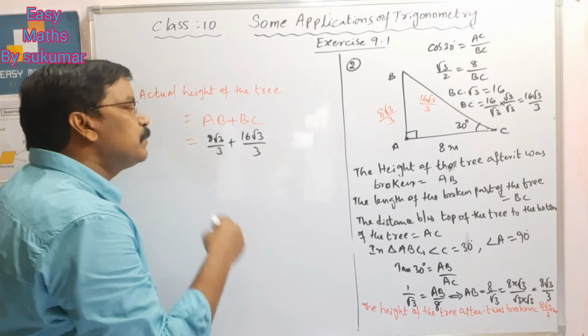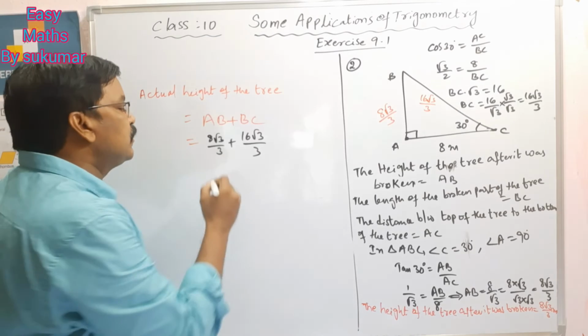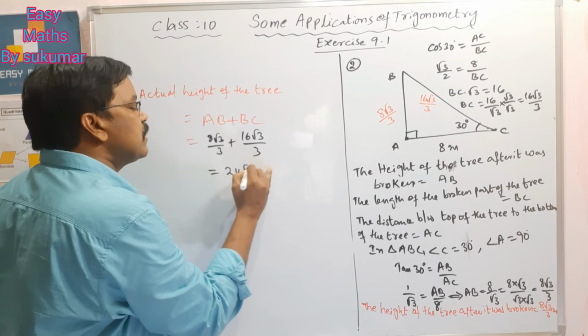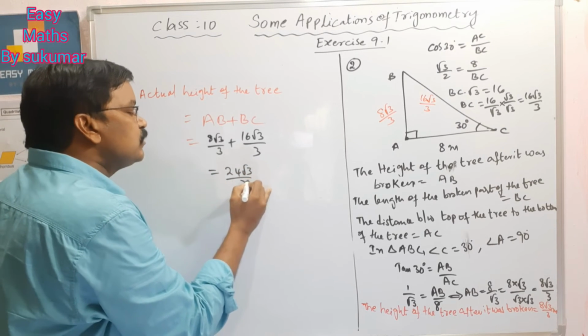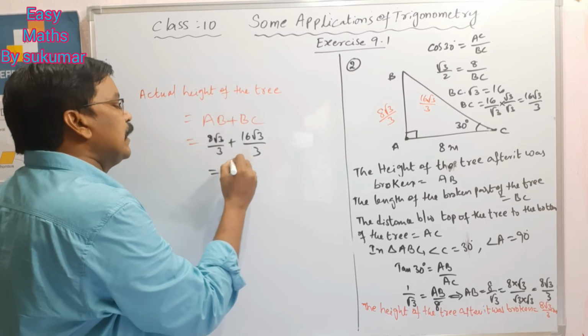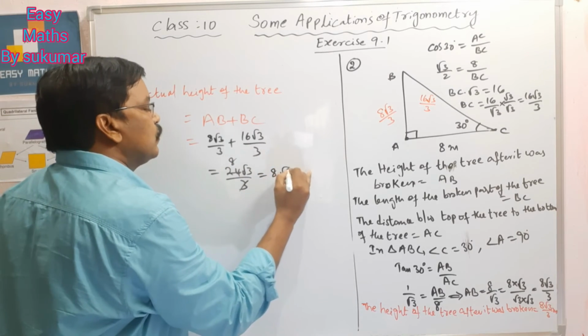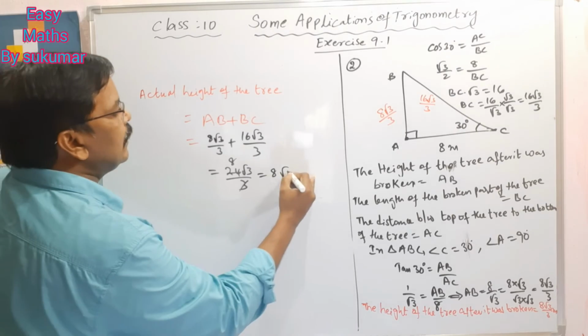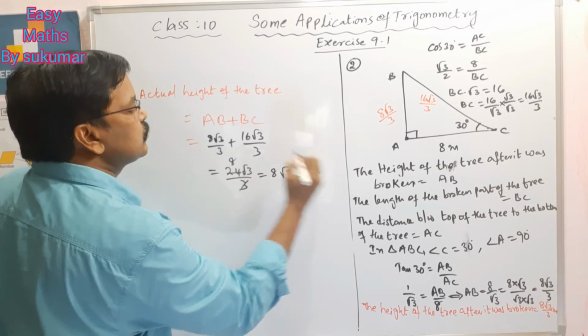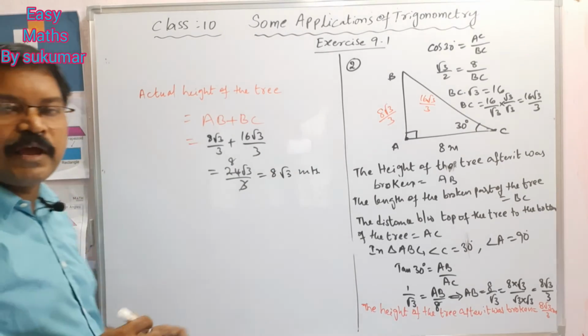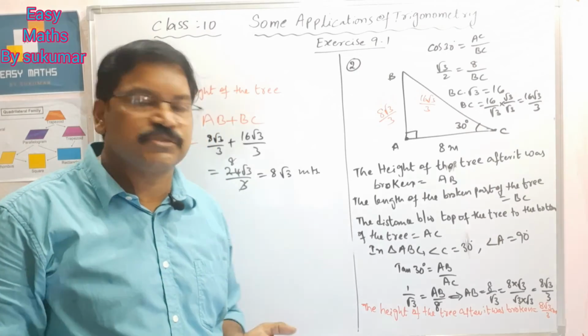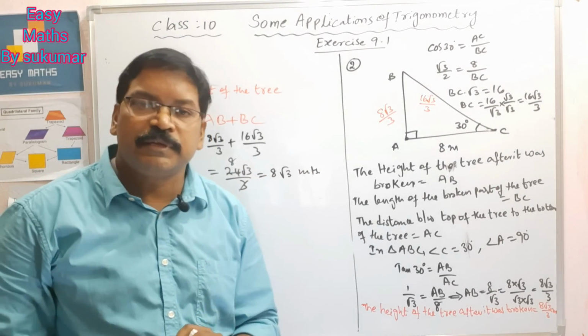What is 8 root 3 plus 16 root 3? That is 24 root 3 by 3. So 3 in 24, 8 times, this is equal to 8 times root 3 meters. Therefore, the actual height of the tree before it was broken is equal to 8 root 3 meters.